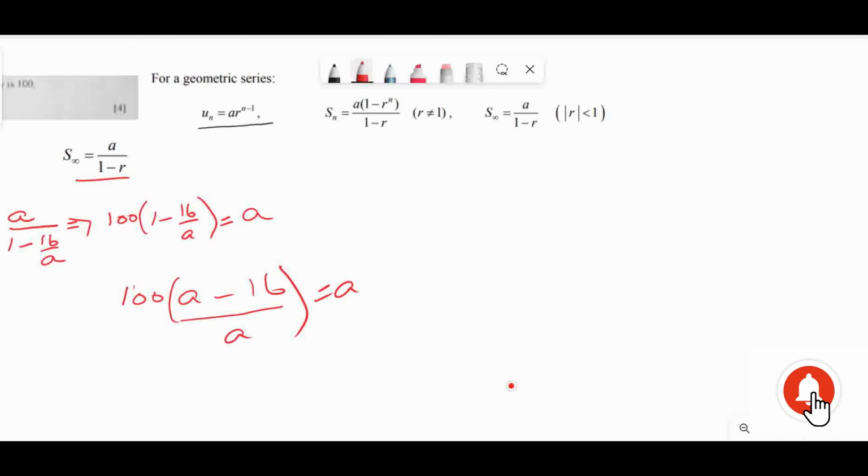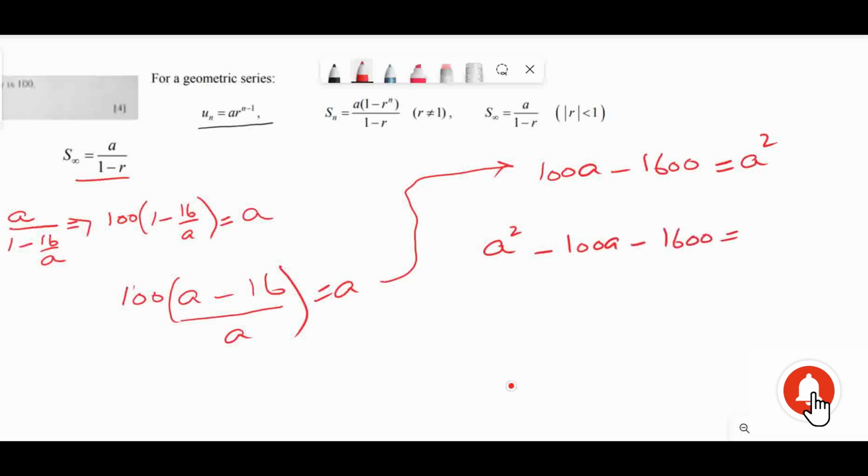From here we can write 100A minus 1600 is equal to A squared. So if we rearrange it, finally this will be A squared minus 100A plus 1600 equal to 0. Now this is a quadratic equation.